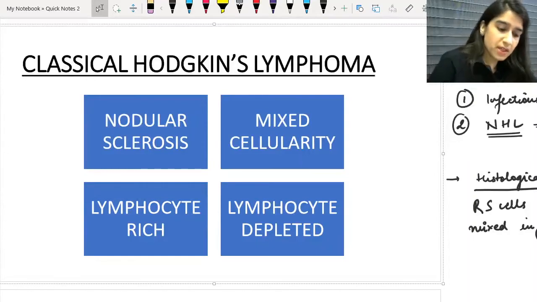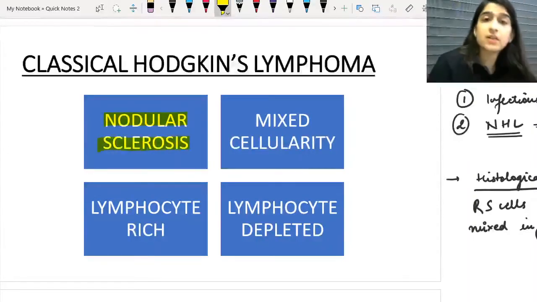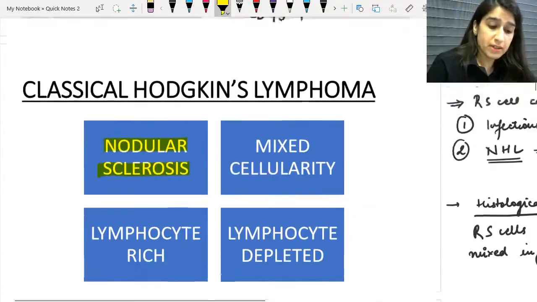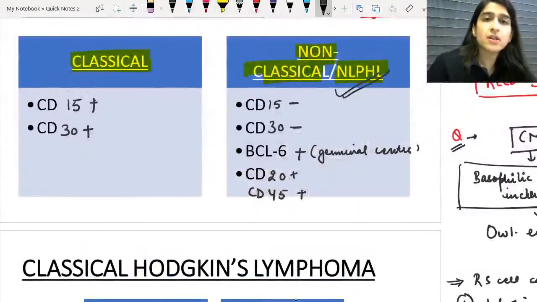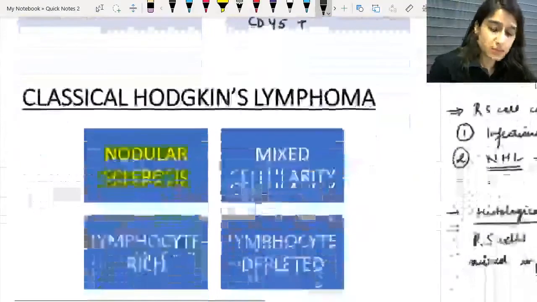The answer will be nodular sclerosis. If a question asks which Hodgkin's lymphoma carries the best prognosis overall, then the answer will be NLPHL, nodular lymphocyte predominant Hodgkin's lymphoma.